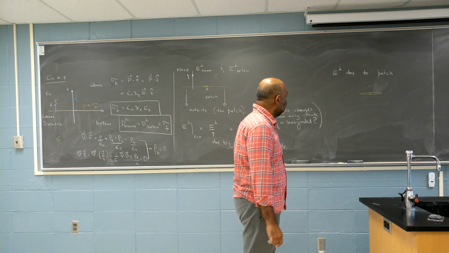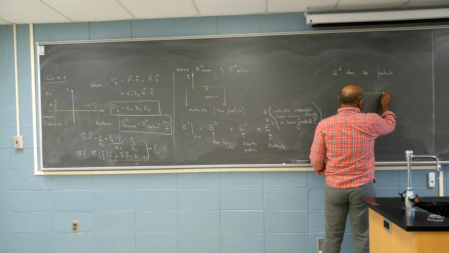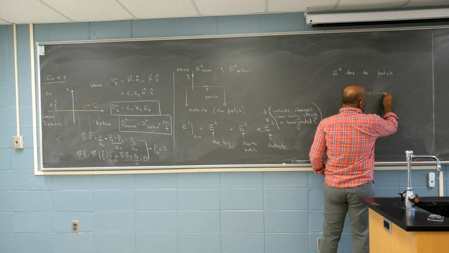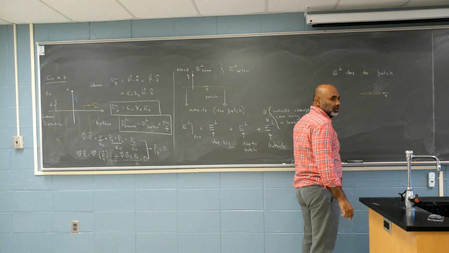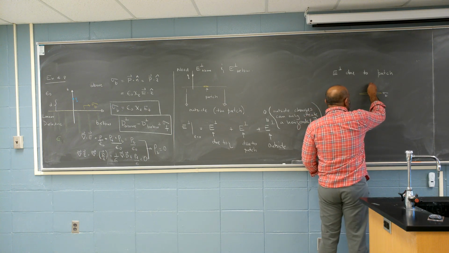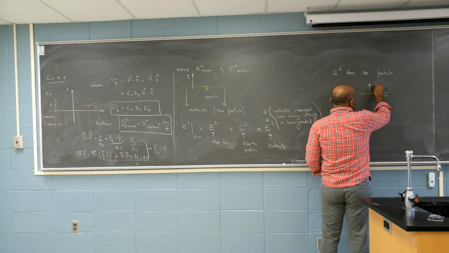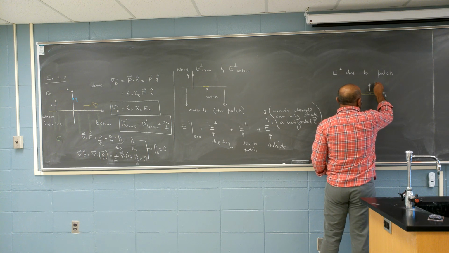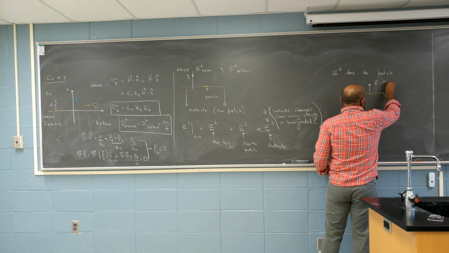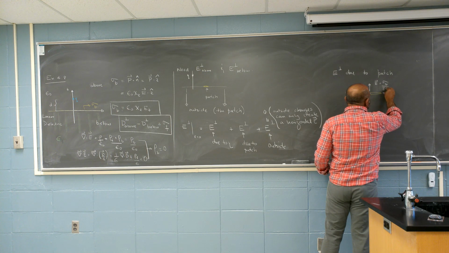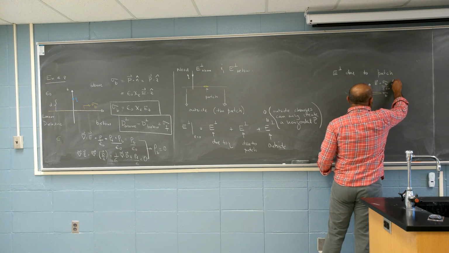Same thing. So that means if this is sigma, and I'm going to call it sigma bound, due to the patch, I'm going to have this, which is E equals sigma bound over 2 epsilon naught in the z hat direction.